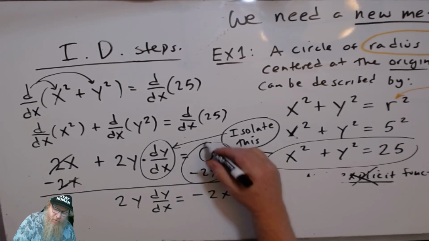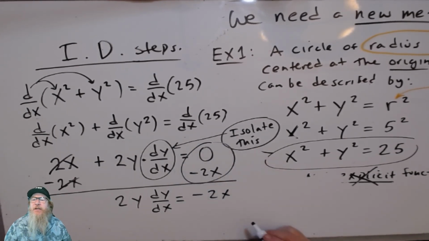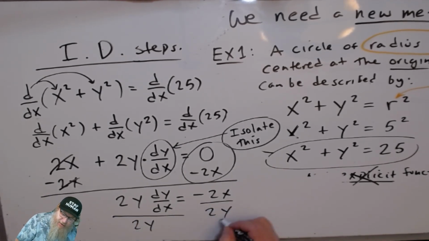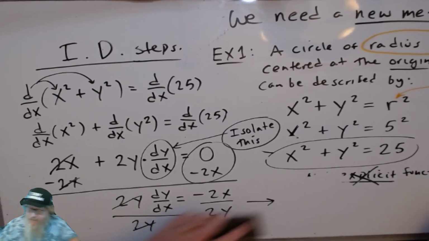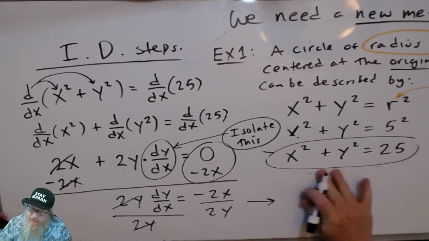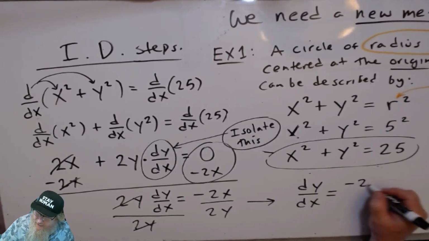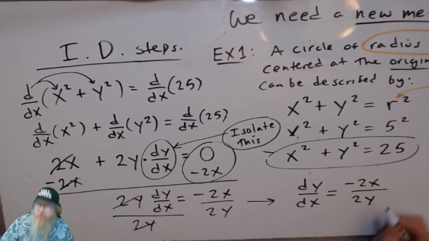We have 0 minus 2x, which is just minus 2x. Then we're going to divide both sides by 2y, and we get dy dx is negative 2x over 2y.